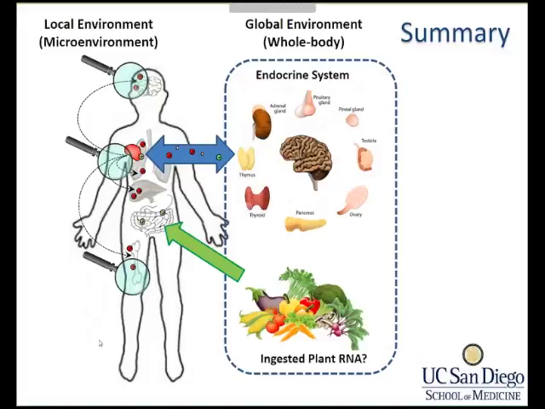Lastly, as another aspect of the global environment, ingested plant RNA could also play a role in this complex crosstalk mediated by extracellular RNA. Although we only had one project focusing on this area, I do want to include this in the big picture because I believe it is happening.